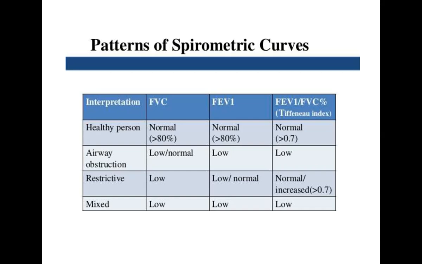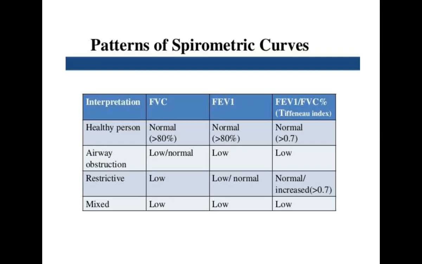Airway obstruction has a forced vital capacity that is low or normal, where the forced expiratory volume in 1 second is low and the forced expiratory volume in 1 second divided by forced vital capacity is low.